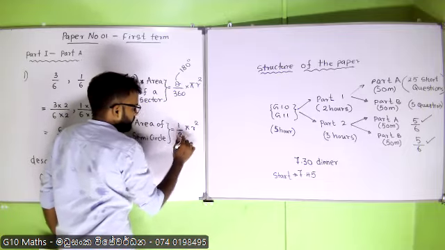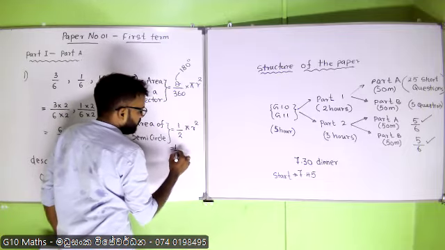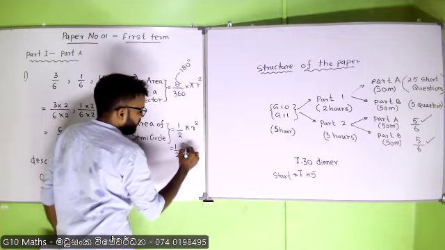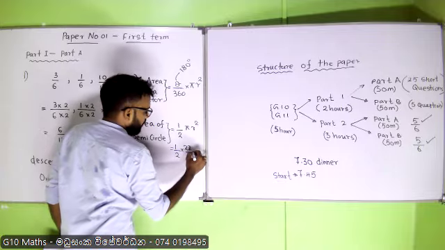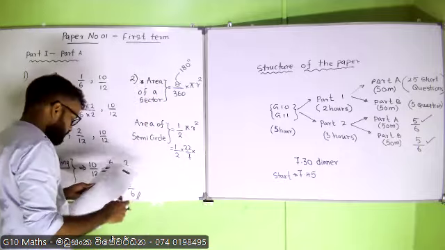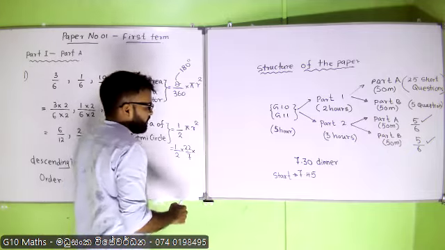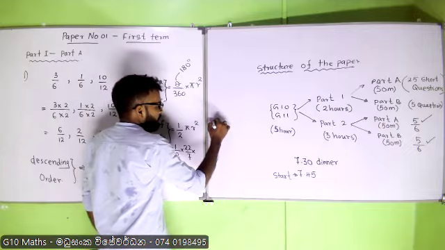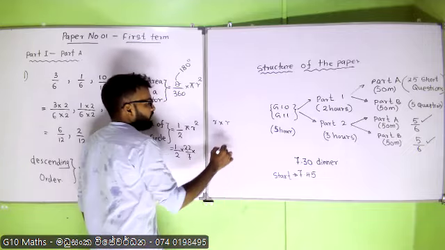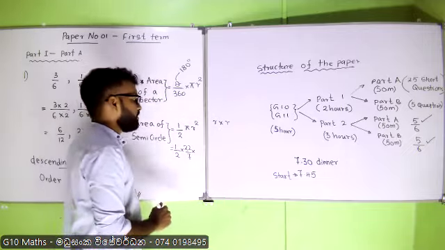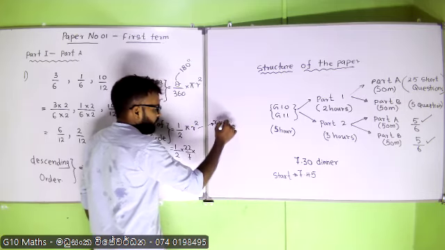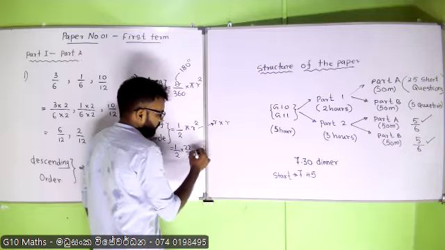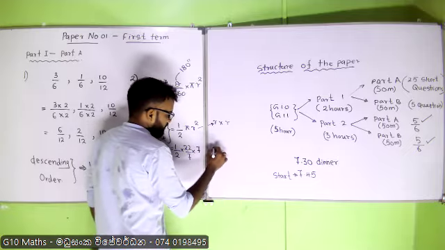So this is it, and you are going to substitute the values. Half, you know the value of π, 22 upon 7. r squared, r is 7 centimeters, so r squared can be written as r multiplied by r, 7 multiplied by 7.